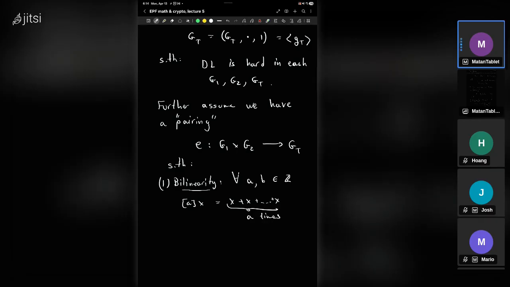If a is negative, then this is minus X plus the sum of minus X with itself, a times.